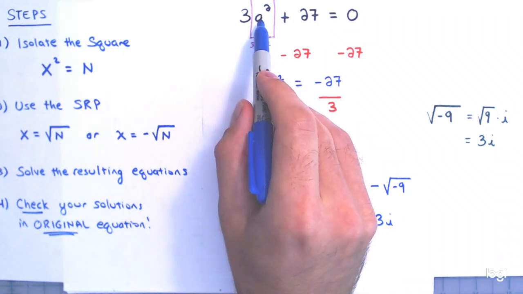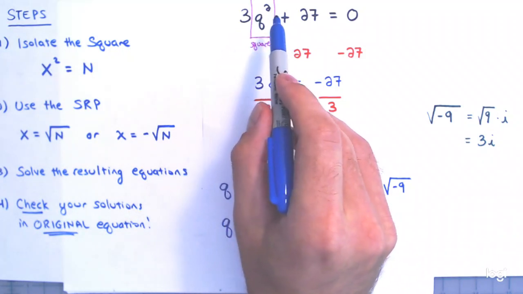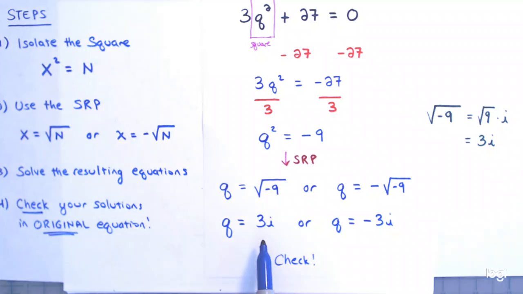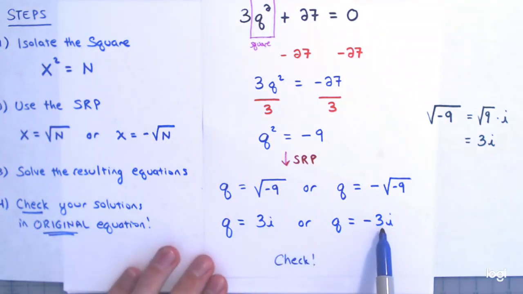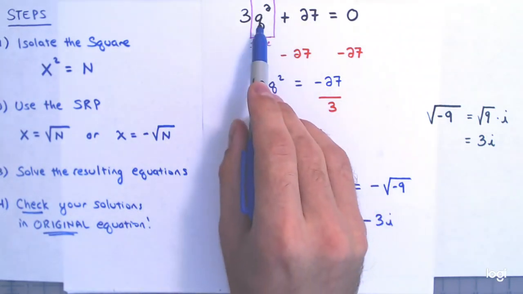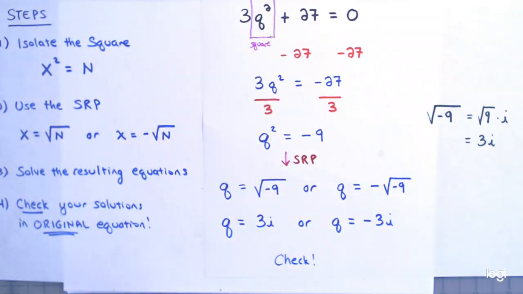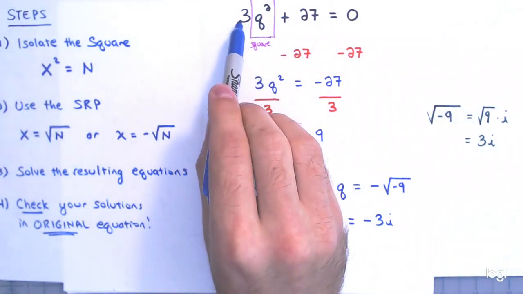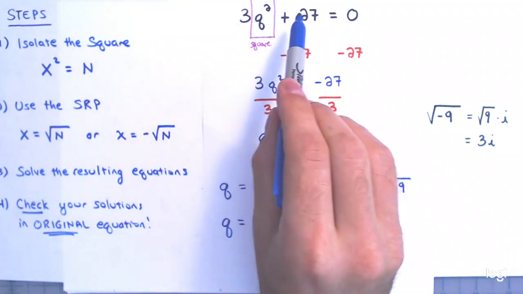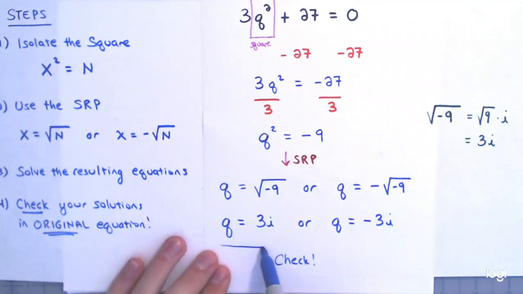And then -9 times 3 is -27. Then plus 27 would be 0, and so that works out. And the same thing would go with -3i: -3i times -3i would be +9i squared. You get 9i squared again, so -9 times 3 is -27, plus 27 is 0. Both of these work.